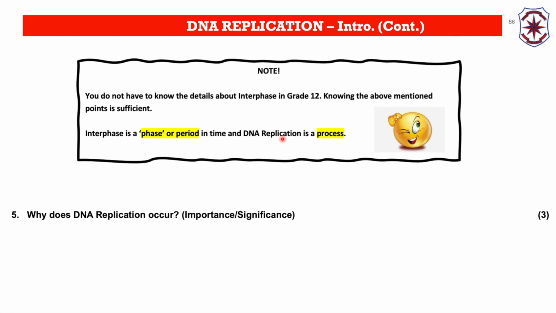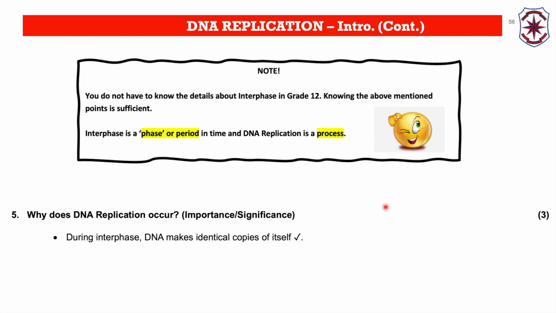The following question asks, why does DNA replication occur? So here we need to describe the importance of DNA replication. It might be phrased in a question that you must provide the significance of DNA replication for 3 marks. Let us explain.